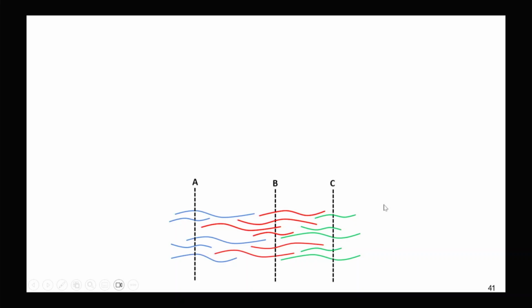Let us try to see here. Here we are talking about the numerical sampling. Now these are the different fibers. This picture represents the numerical sampling, like a sliver. Inside the sliver, these are the different fibers.